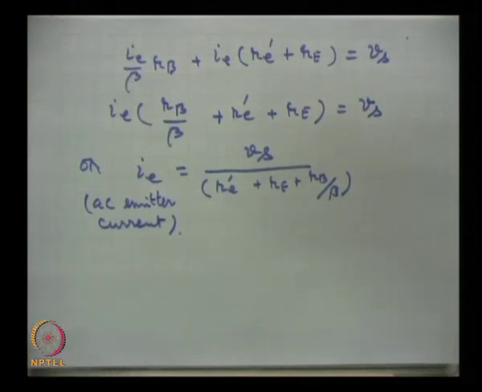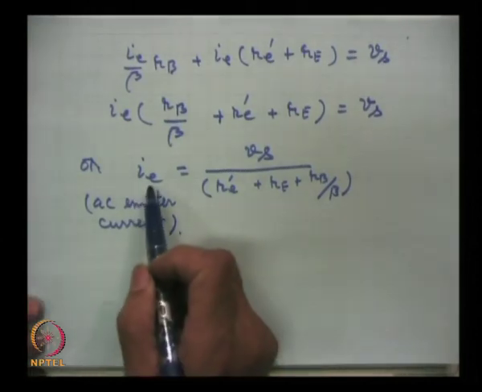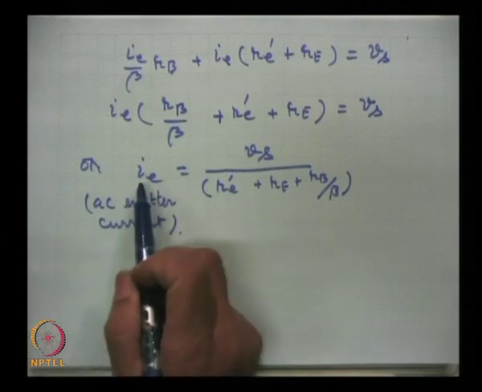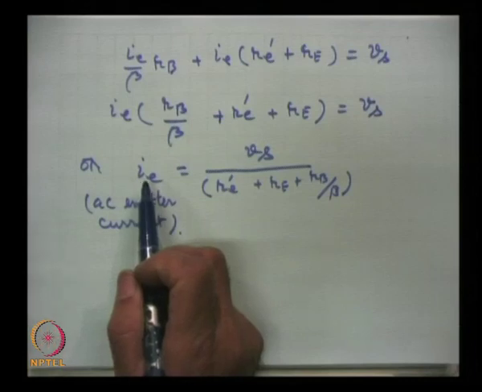Now, we can write AC voltages at the three terminals. If we know Ie, we know all the currents. We know Ic, which is equal to this, we know Ib, which is equal to Ie by beta, and beta, as I said in the beginning, we know the value of beta for the amplifier. So, all the currents are known, and once we know all the currents, we can find out all the AC voltages.